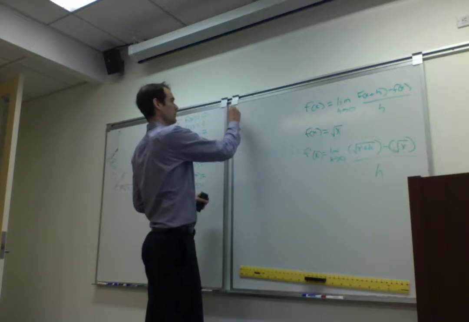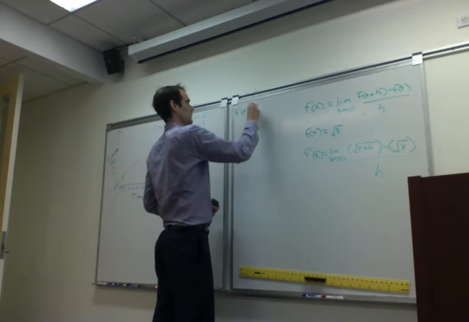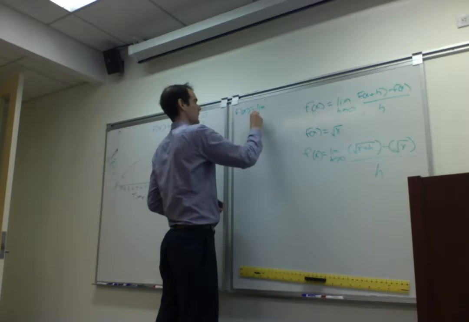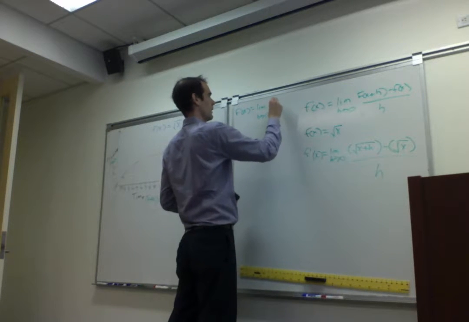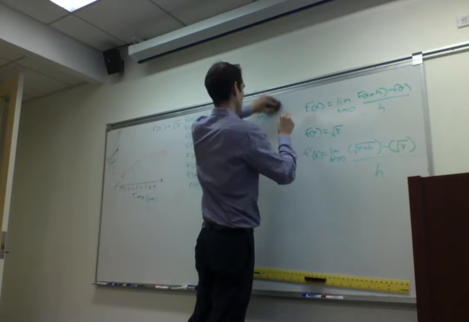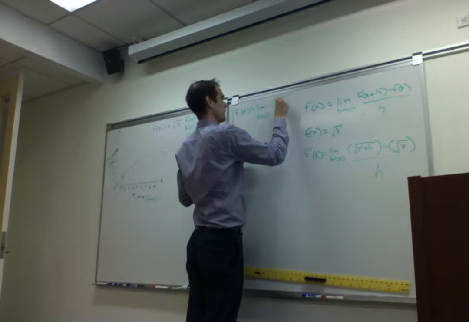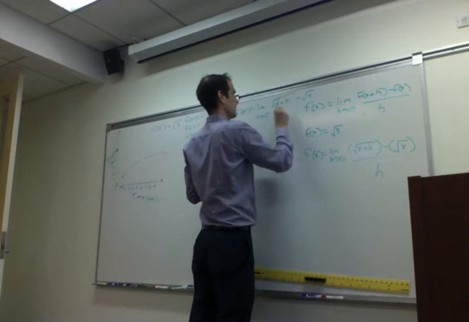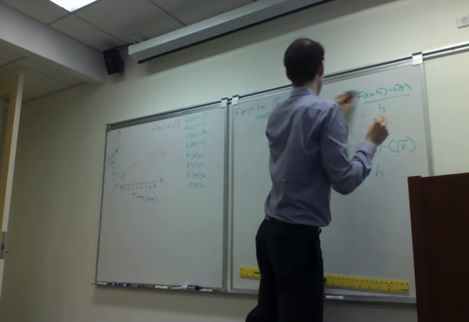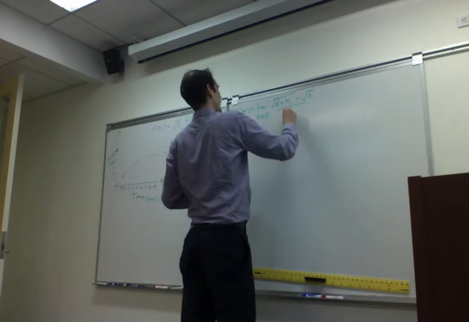And that's going to be f prime of x equals the limit as h goes to 0 of the square root of x plus h minus the square root of x, all over h.